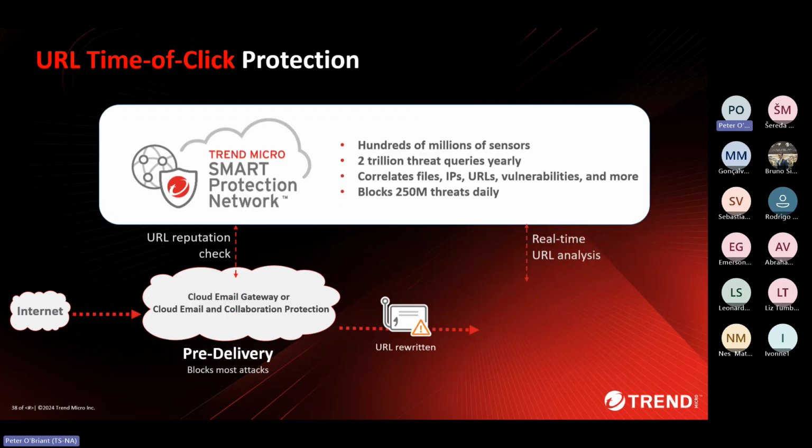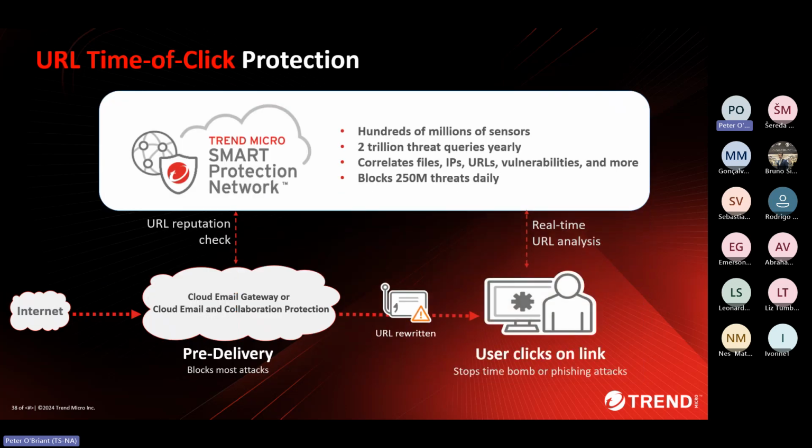And then we also have a feature called URL time of click protection. This helps stop time bomb attacks. Normal email security would scan URLs before delivery, but some attacks use a delayed threat so that it gets around the scan before delivery.